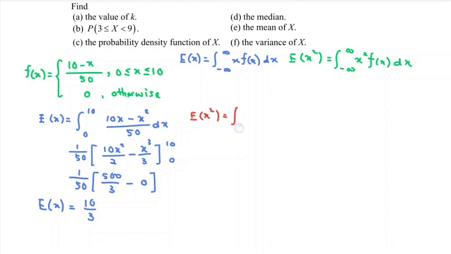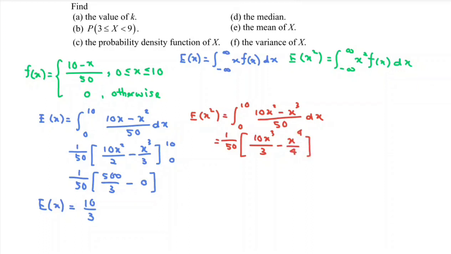So integrate from 0 to 10. Multiply the situation by x squared. Here we will have (10x squared minus x to the power of 3) over 50 with respect to x. So integrate the situation. We have 1 over 50 times (10x cubed over 3 minus x to the power 4 over 4), with limits 10 and 0.